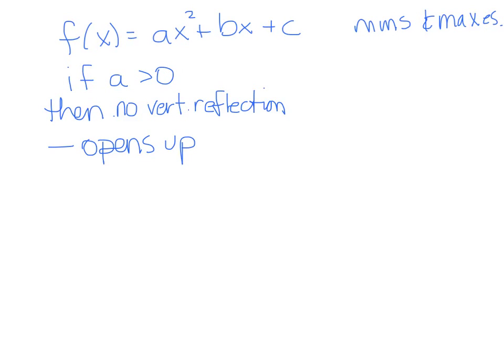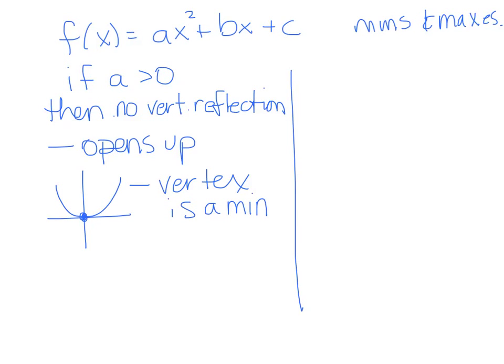It's like the arms of that graph are up in the air, going on and on forever in the up direction. So it opens up when a is positive, and we get something that looks like this, and this vertex is a minimum. So we have a vertex that is a minimum.